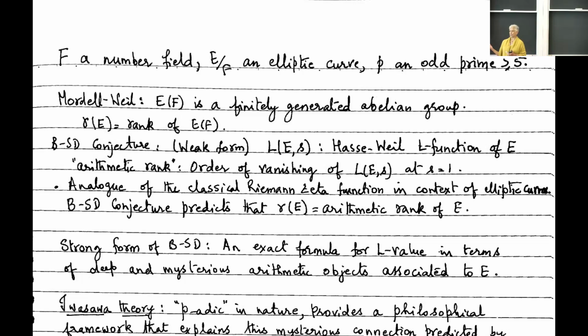And the weak form of the Birch-Swinnerton-Dyer conjecture predicts that this algebraic rank is equal to the analytic rank. So you can think of E, an elliptic curve over a number field, and then you have two parts. E over F, and then you have the algebraic rank of the rational points over the number field, and then you have the Hasse-Weil rank, which gives the analytic rank, which is the order of vanishing.